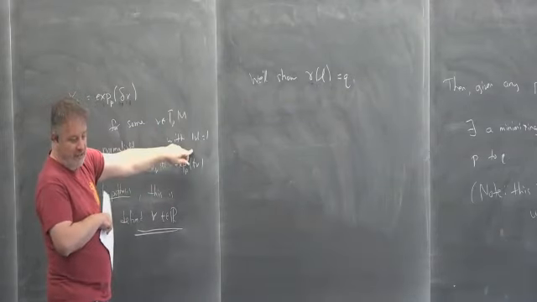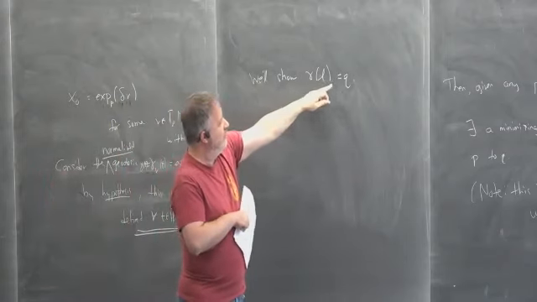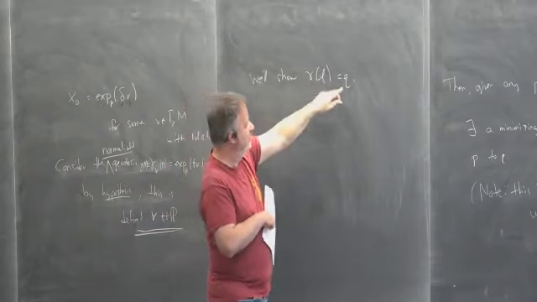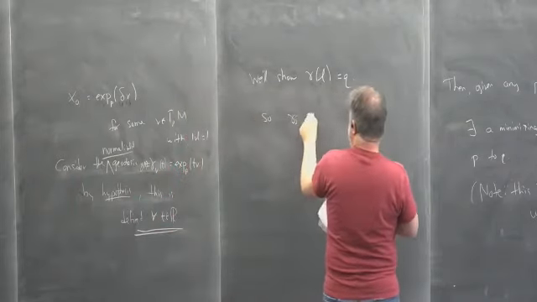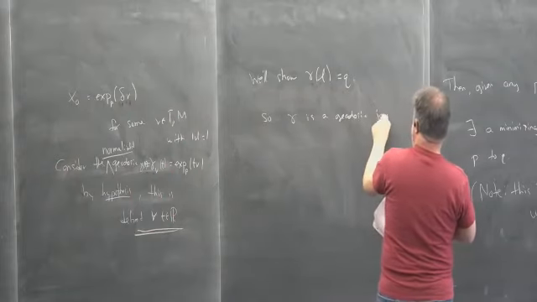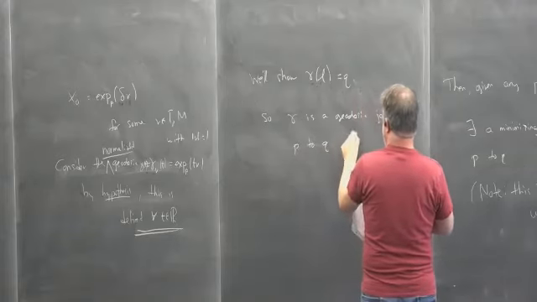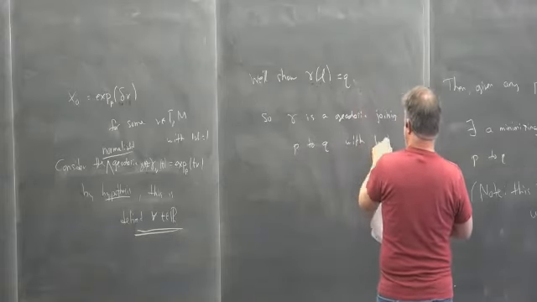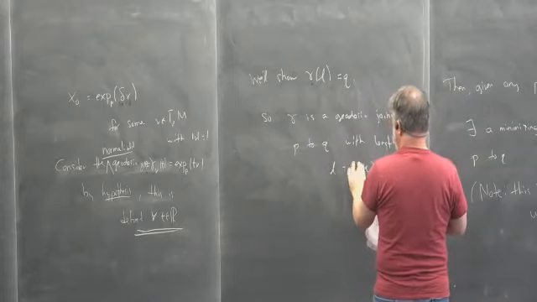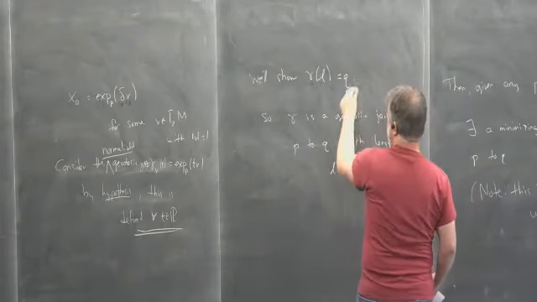So this is a unit speed geodesic, and therefore Q appears at the parameter L. That means the distance from P to Q is L. So gamma is a geodesic joining P to Q with length L, which is the distance from P to Q. Okay, so that would complete the proof. So we're reduced to showing this.